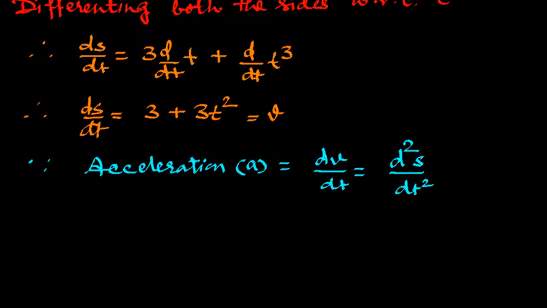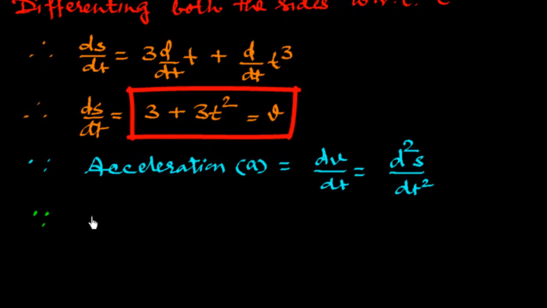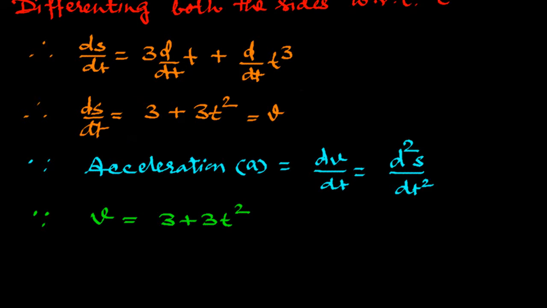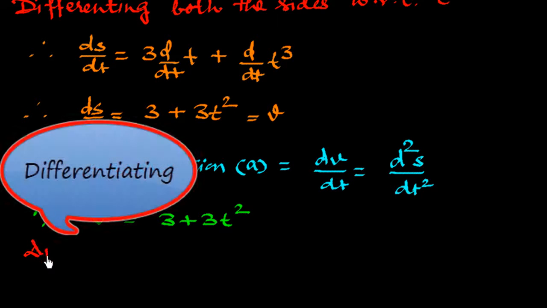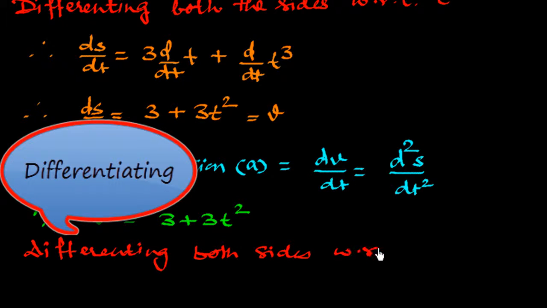So because v is equal to 3 plus 3t square, now again differentiating both sides with respect to t.